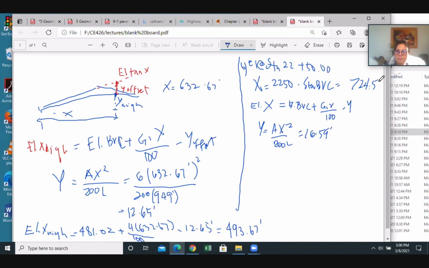Okay. So now, we know the value of y, and that's 16.59, so we can determine the elevation at point x.